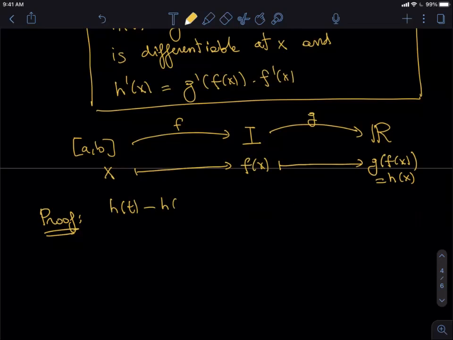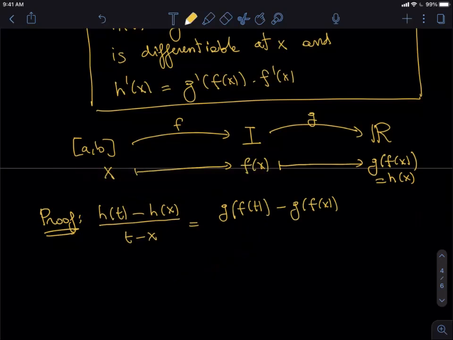So to check the differentiability, we need to compute the limit of h of t minus h of x divided by t minus x. And here we have no choice but to write down what h actually means. g of f of t minus g of f of x divided by t minus x.